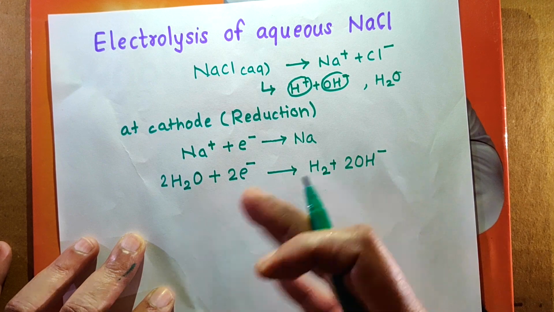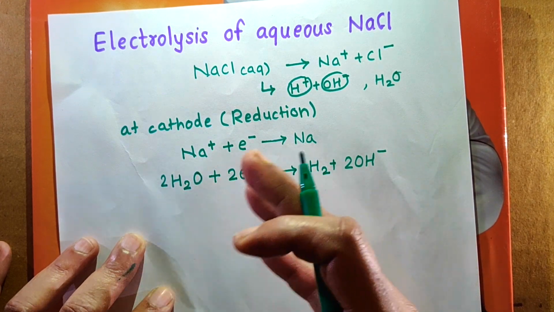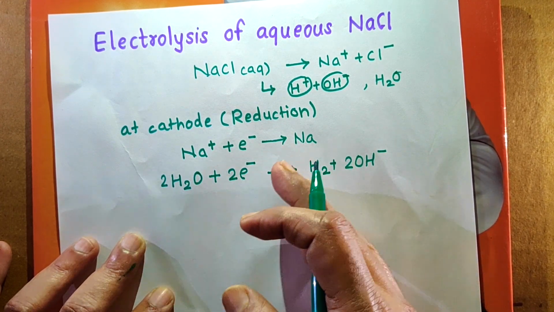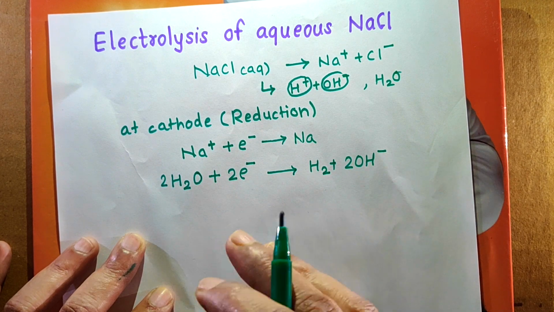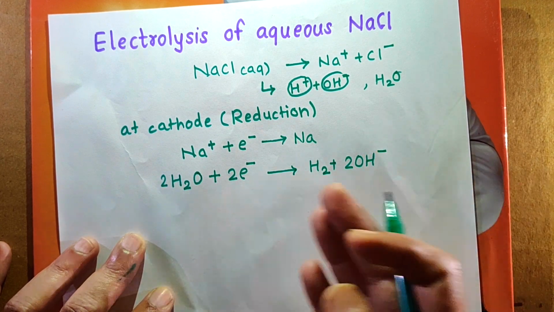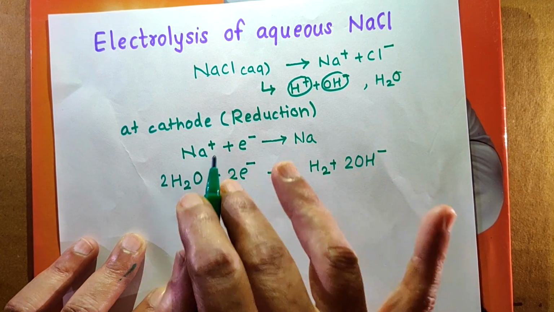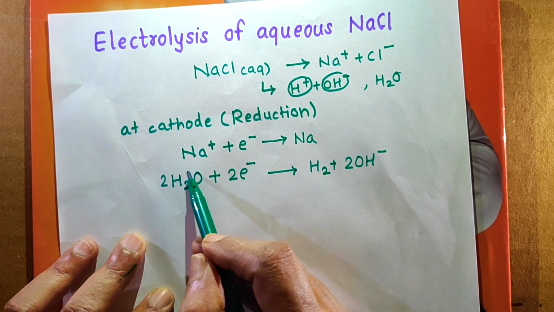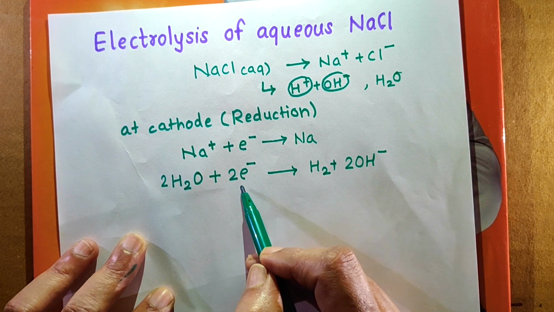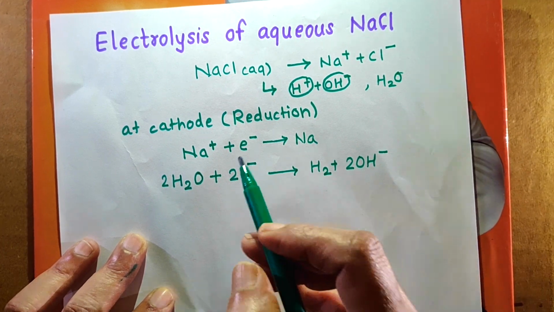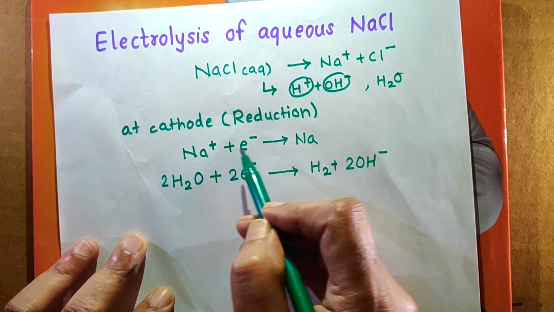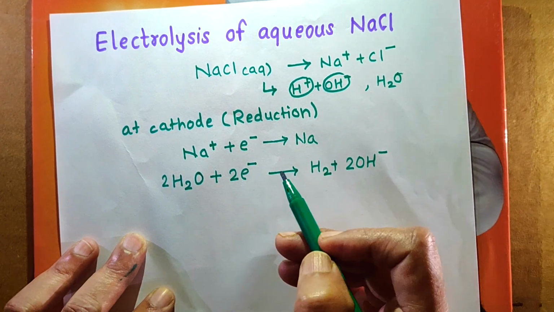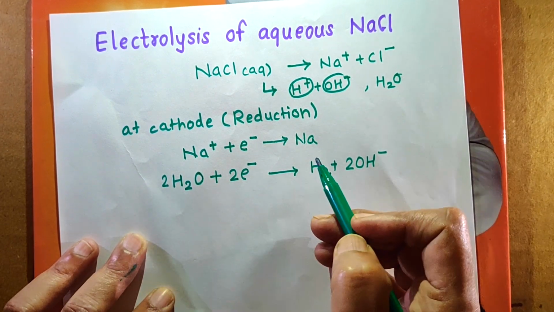We will study about this tendency of different ions or molecules in the next part of this topic, where we study reduction potential and oxidation potential. But remember here, the tendency of H2O molecules to gain electrons is more than the tendency of Na+ ions to gain electrons. So who will win this race?